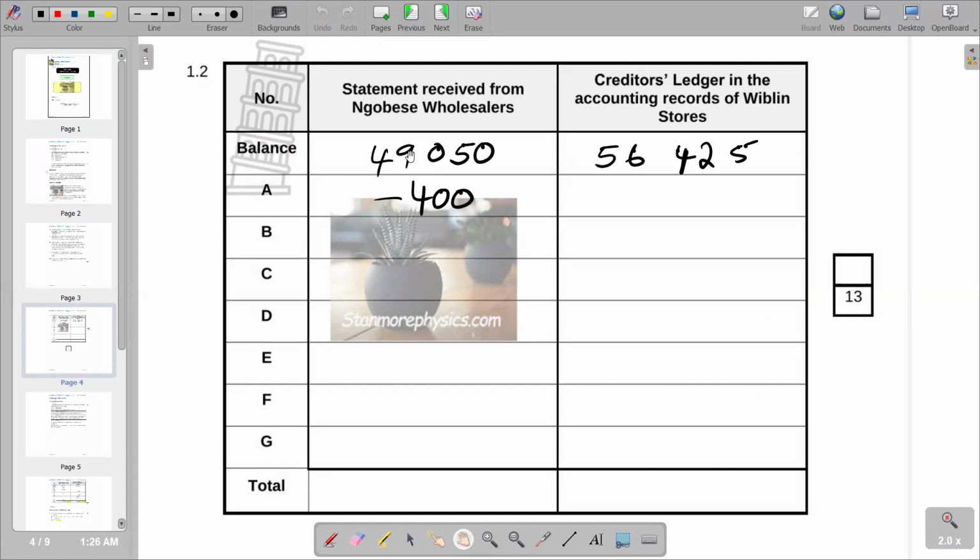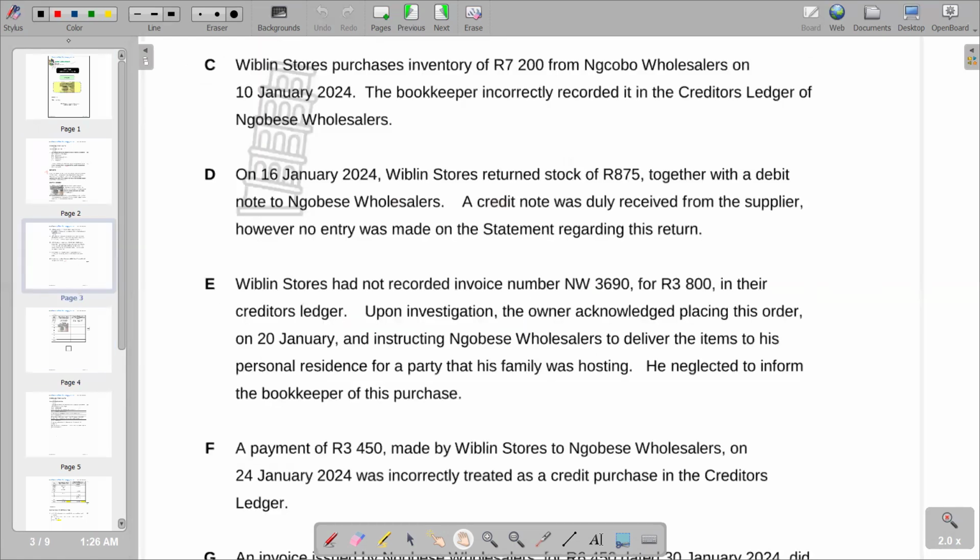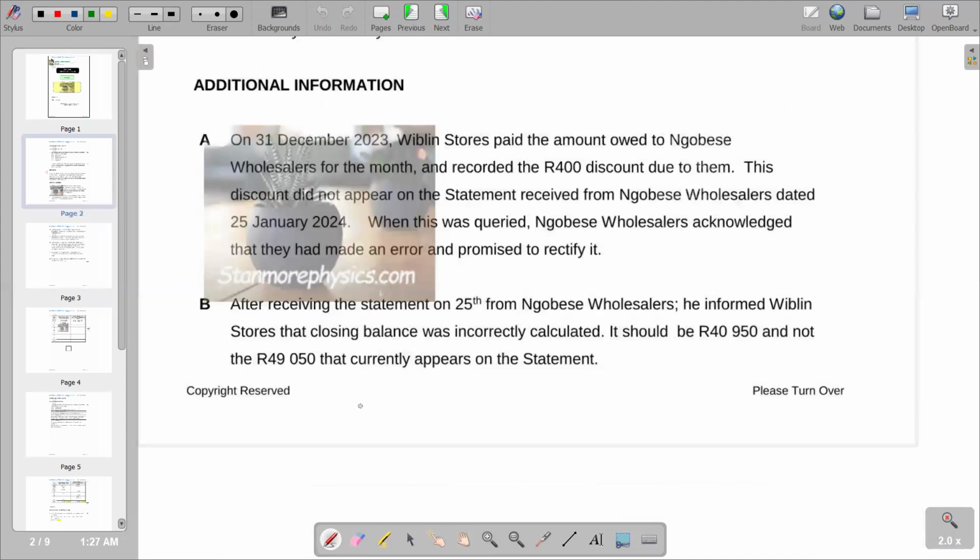So for us to reduce it, we have to subtract the difference by saying we have 49,050, this one, and then we subtract the 40,950.